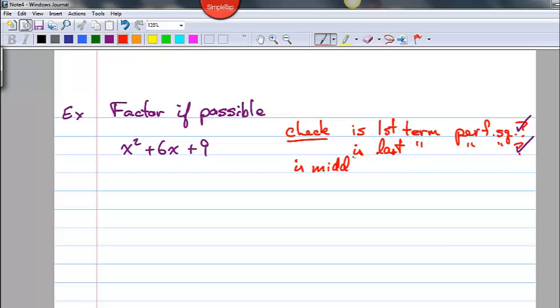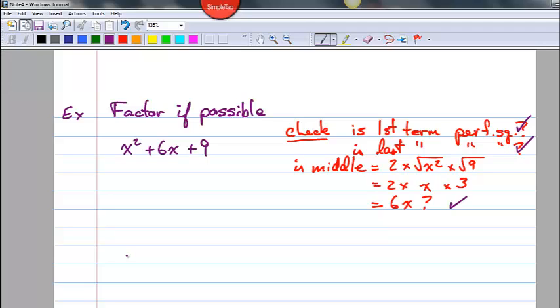The middle term should be twice as big as the product of the square roots of the first and the last. In other words, 2 times the square root of x squared times the square root of 9, which means 2 times x times 3, or 6x.